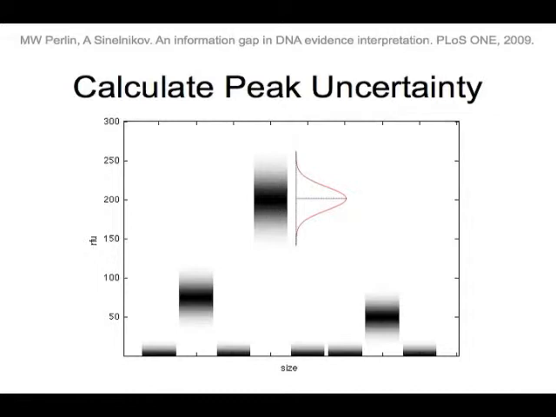This is equivalent to if you took some template DNA and you amplified it 30 times and you looked at what the peak variation would be. Computers can do that from data as well. You don't have to do that in the laboratory. And something you'll also notice is that the uncertainty scales with the peak height. The spread increases linearly with the variance, and the relative certainty decreases.